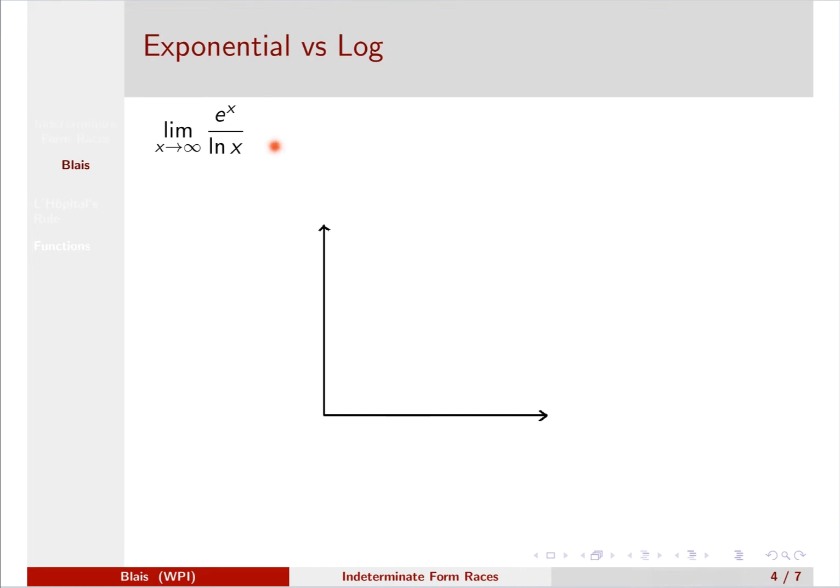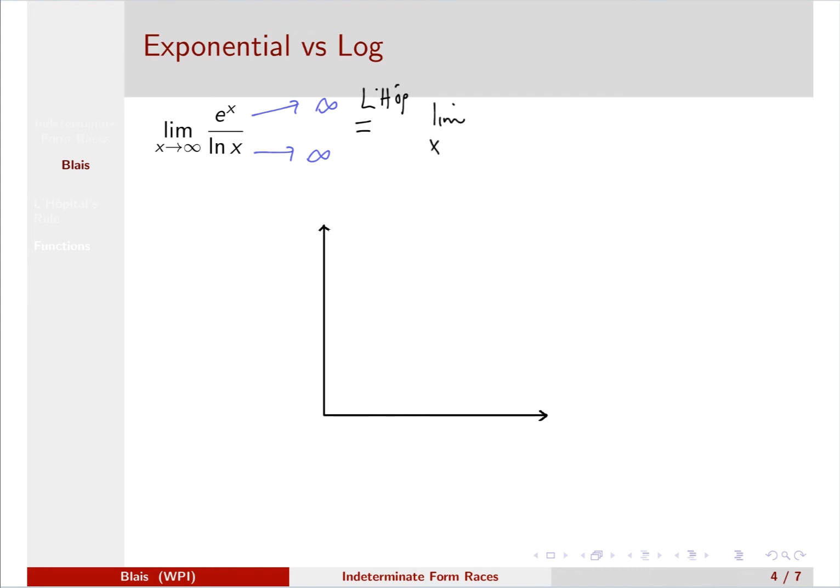And so the first pair that we will race will be the exponential versus the log. And from the graph we just looked at, we know direct evaluation tells us both the numerator and the denominator are approaching infinity. And so that is an indeterminate form that allows us to use L'Hopital's rule.